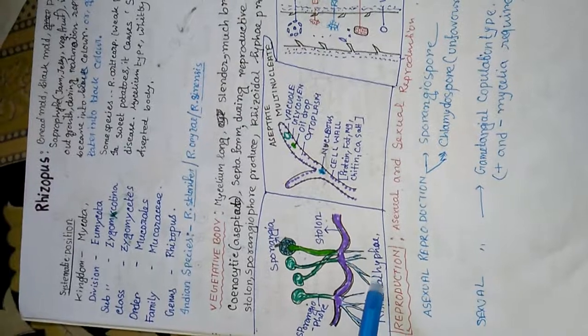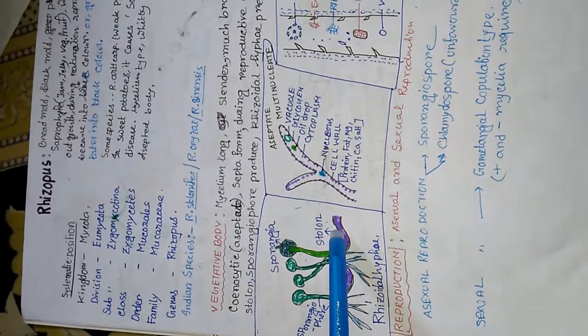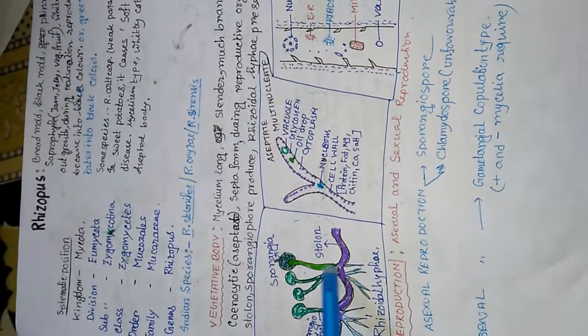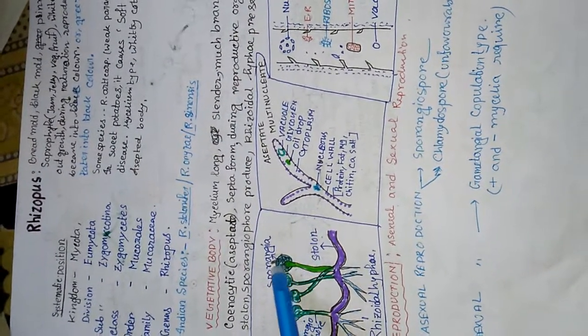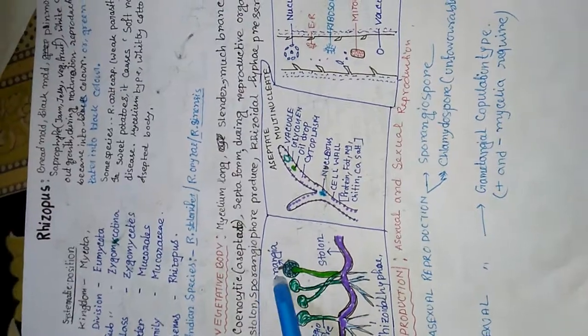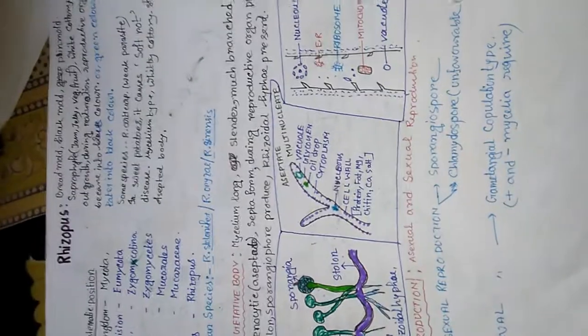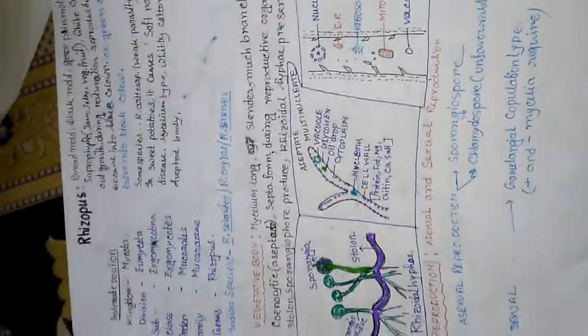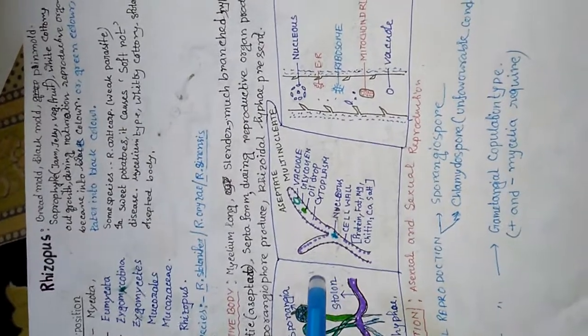This is the rhizoidal hyphae, this is the mycelium and stolon, and this outgrowth, the upper outward structure, is the sporangia. This is the vegetative body structure.